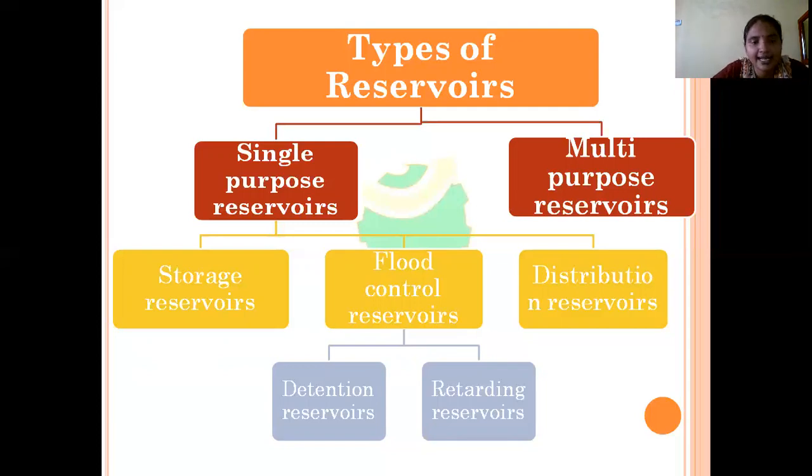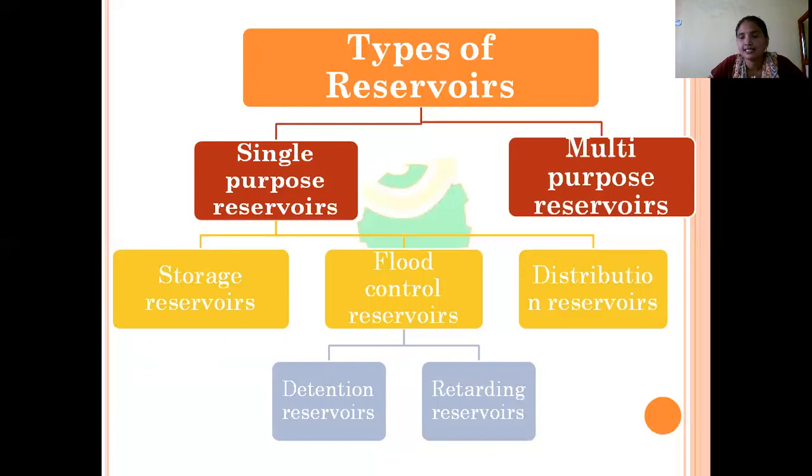Again, single purpose reservoirs are divided into three types: storage reservoirs, flood control reservoirs, and distribution reservoirs. Storage reservoirs means the water is stored at peak runoff or peak flood time, and later it serves the needs of drinking, irrigation and agriculture purposes.